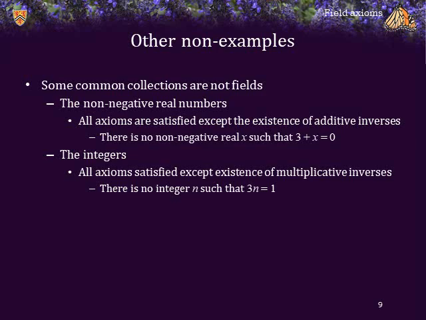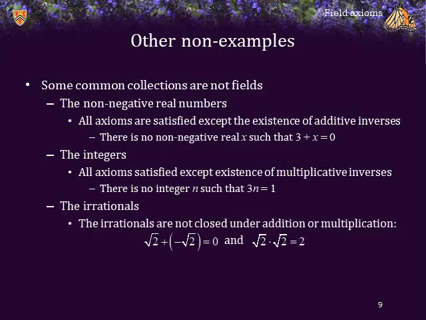For the most part, there is no integer n such that 3 times n is equal to 1. The irrationals by themselves are not a field because I can add two irrationals together, but the result is 0, which is not irrational. Similarly, I can multiply two irrationals together, but the result is 2, which is, again, not an irrational number.